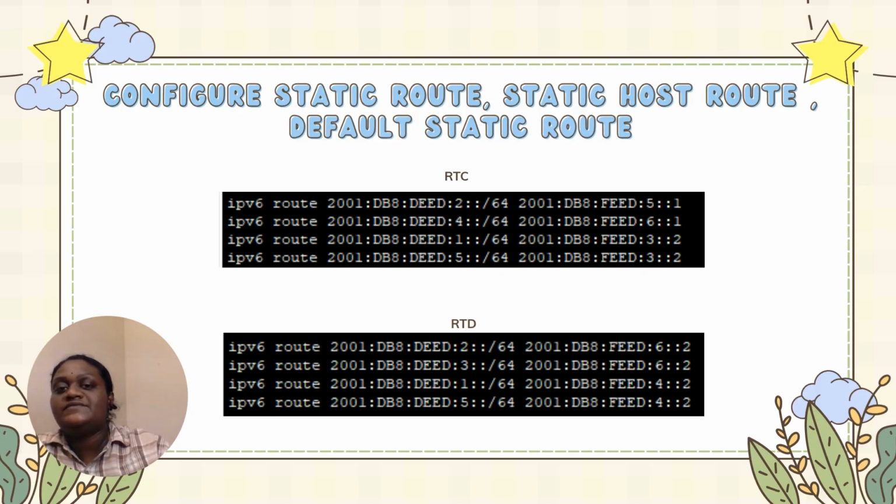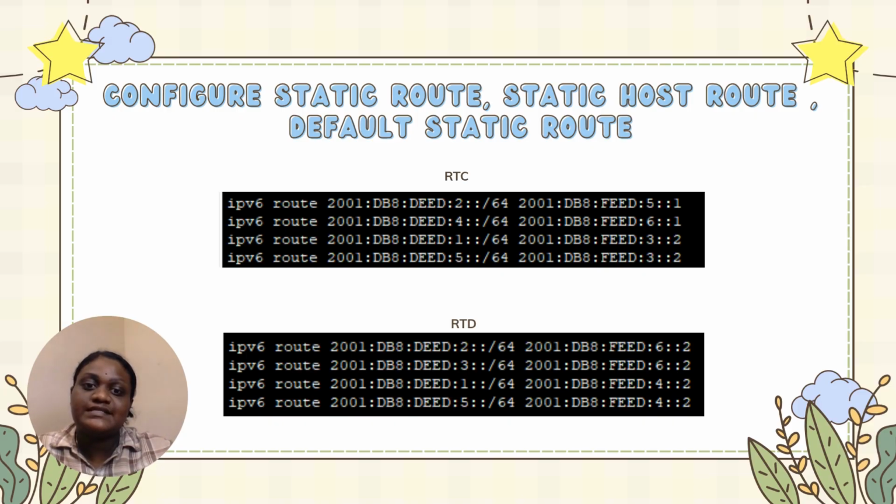On the router RTD, we have a similar configuration pointing the networks reachable through the next hop address 2001:DB8:FEED6::2. So this ensures RTD knows how to reach the other networks within the topology.